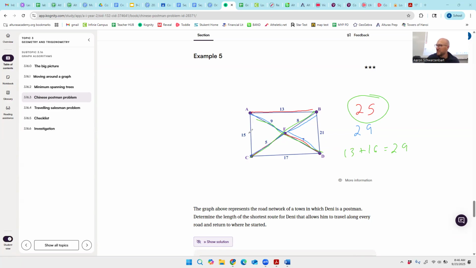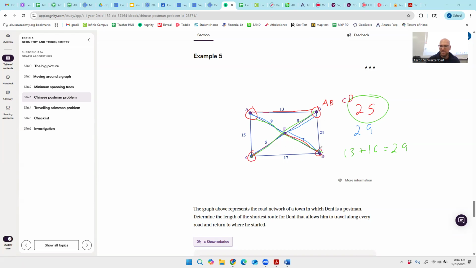Does that make sense how I did that? So if I'm looking at pairs, this is AB. Okay, I'll get the colors to match. AB and CD.